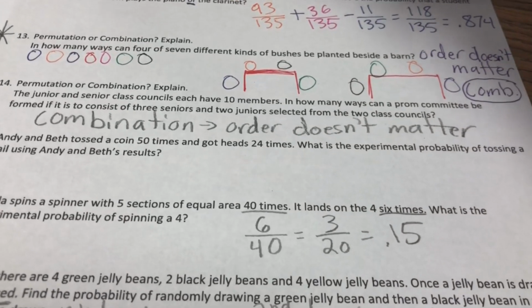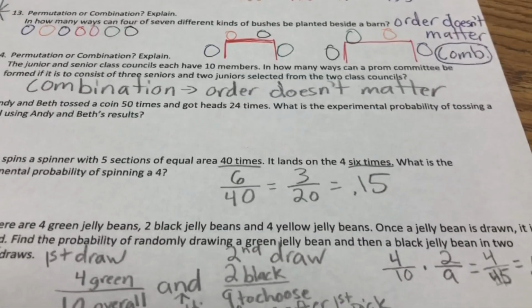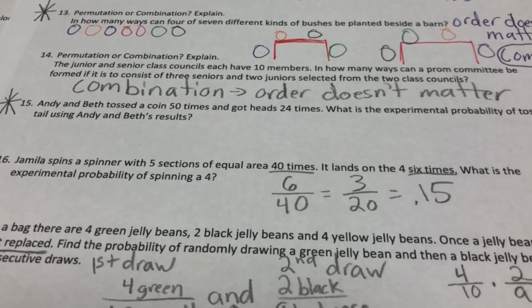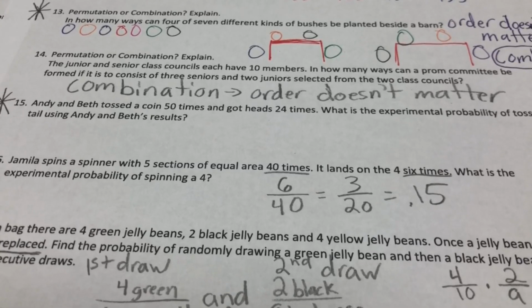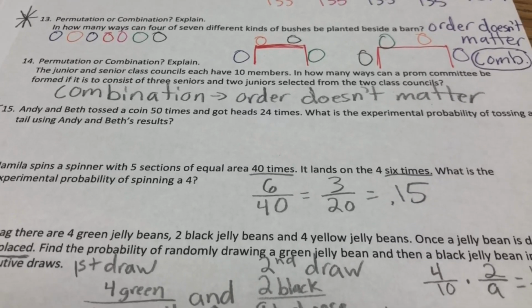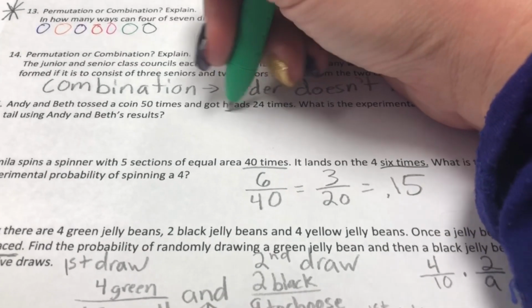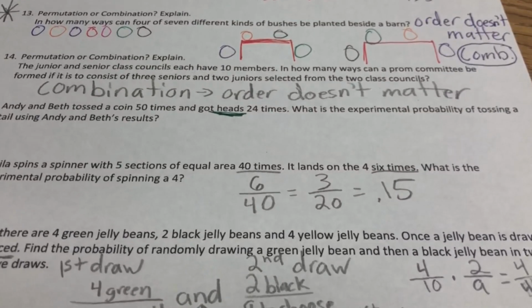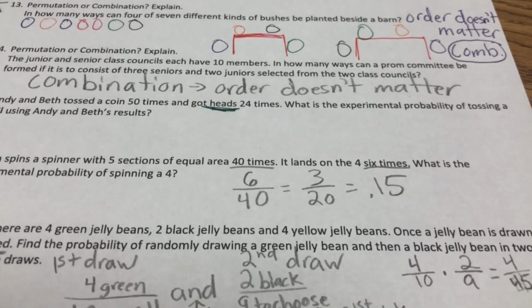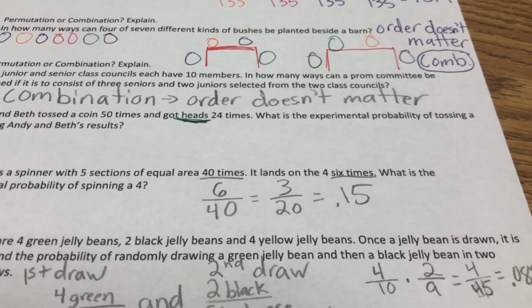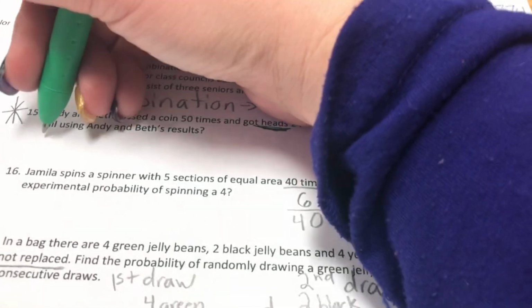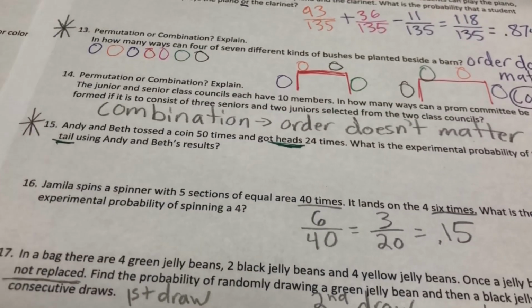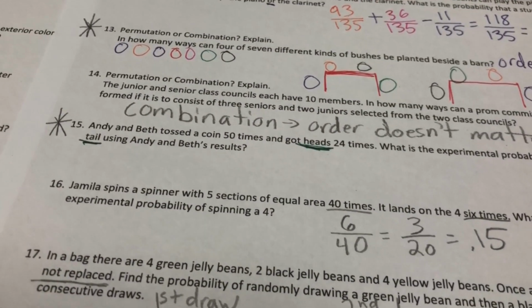So for number 15, we are talking about Andy and Beth tossed a coin 50 times and got heads 24 times. Key thing, 24 heads. What is the experimental probability of tossing a tail using Andy and Beth's results?